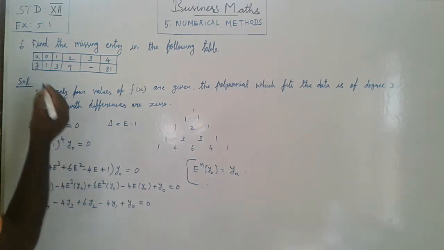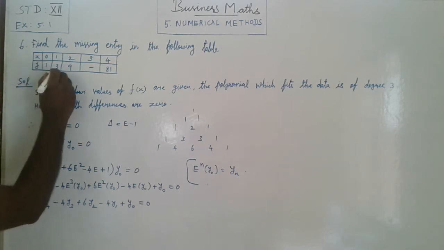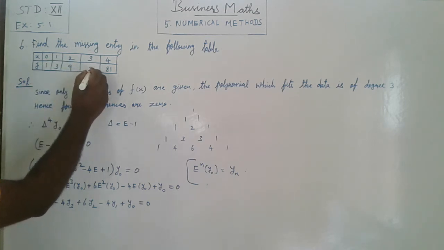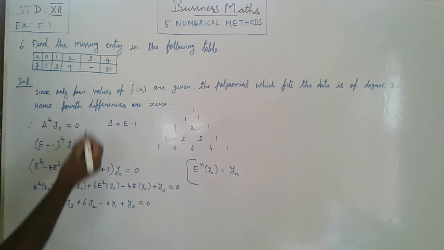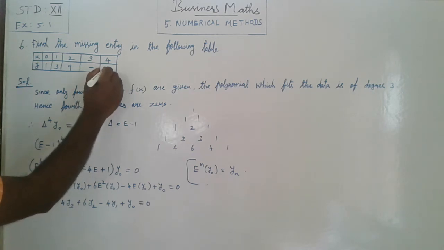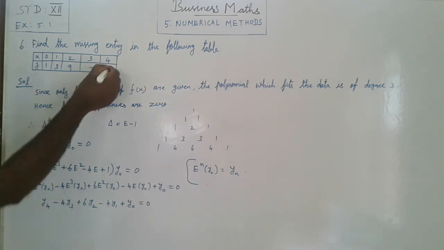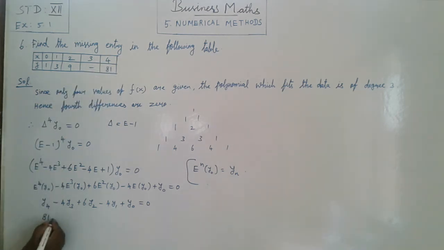Here y0 is 1, y1 is 3, y2 is 9. Next y3 we should find out. Y4 is what? 81. So substitute this value 81 for y4, minus 4 into y3, the missing term is y3.